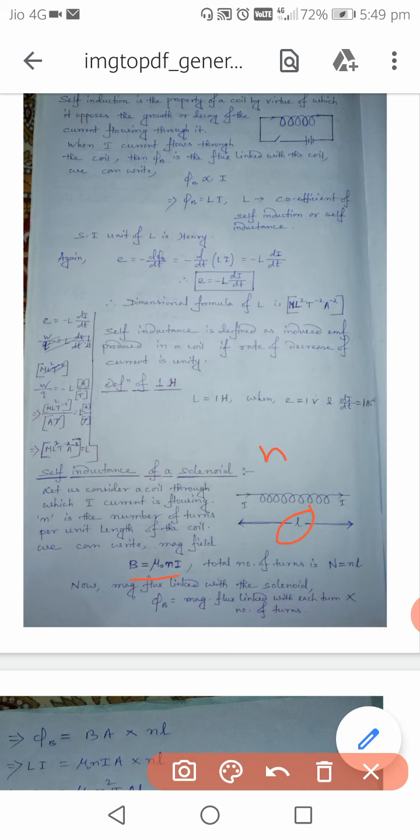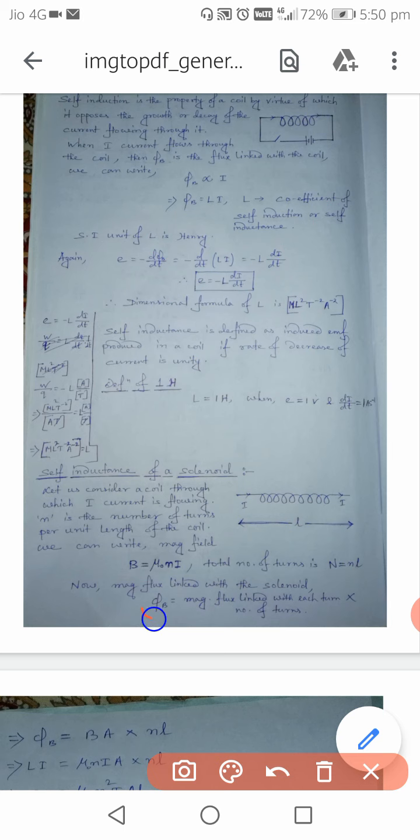It is not the number of turns, but the number of turns per unit length. So if L is the length and capital N is the total number of turns, then total number of turns by length will give us n, because n means number of turns per unit length. Okay, so from this, small n into L gives us capital N. So that's what I have written, this one.